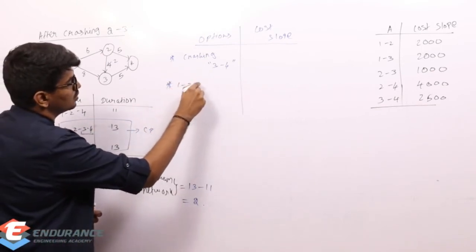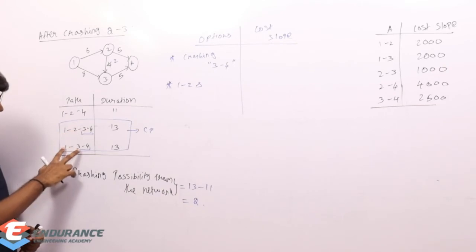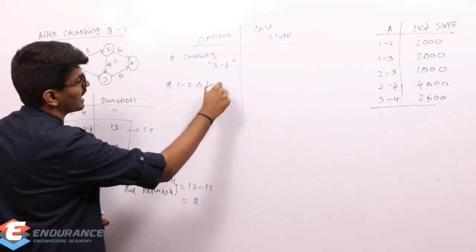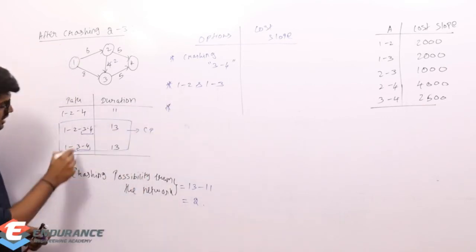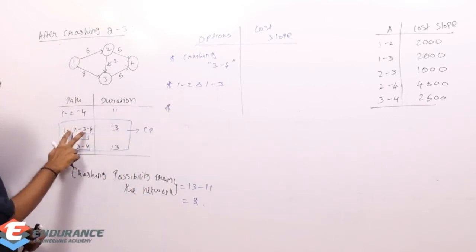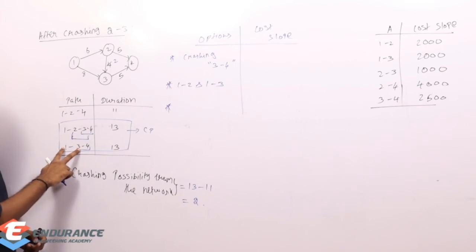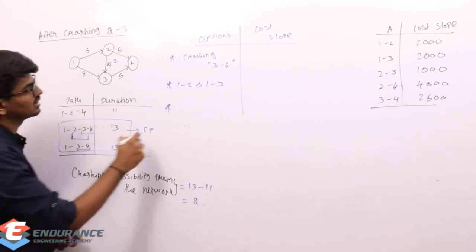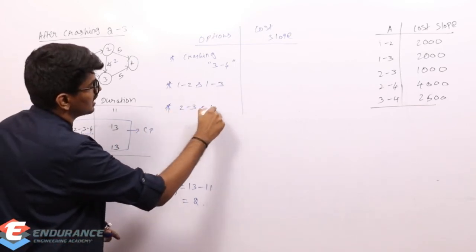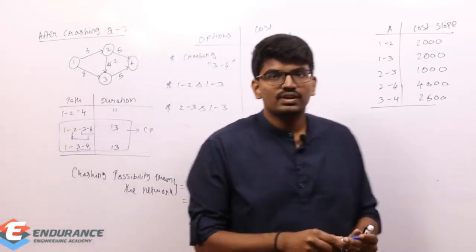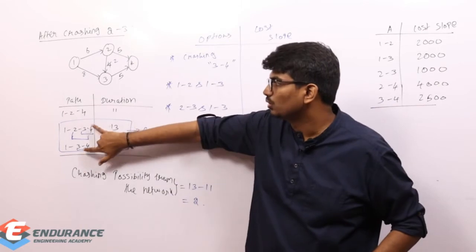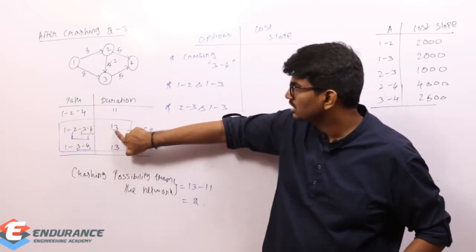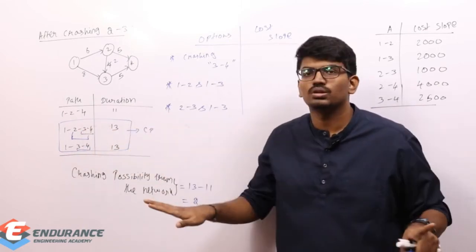So 1 to 2 combined with 1 to 3. I have to crash both 1 2 and 1 3. Another option is 2 3 and 1 3. If I am crashing only 3 to 4, because 3 to 4 is present in both, both paths will get reduced, not at all an issue.